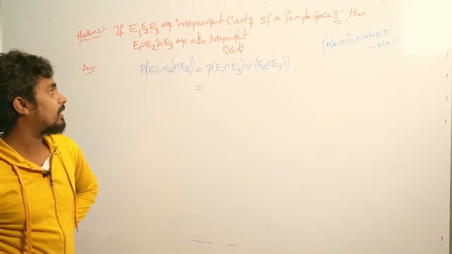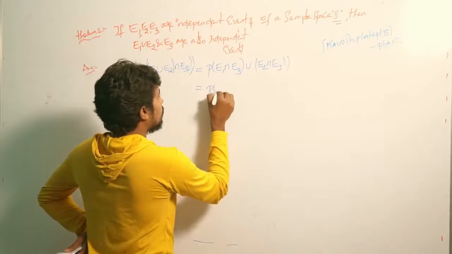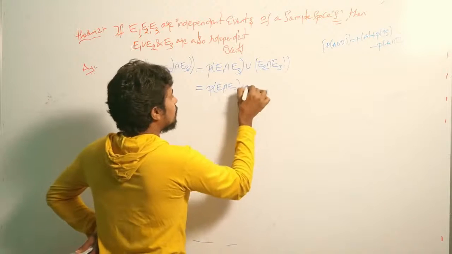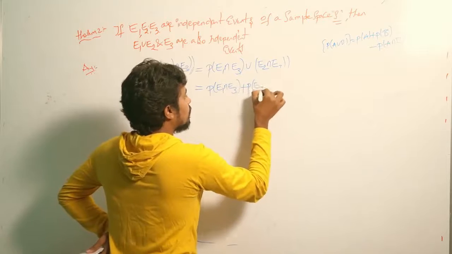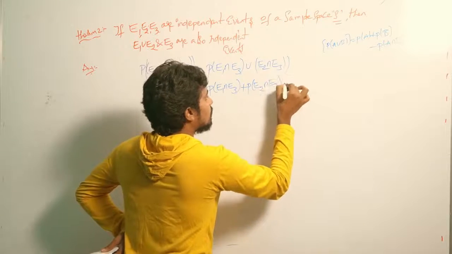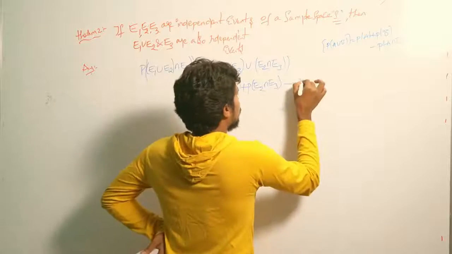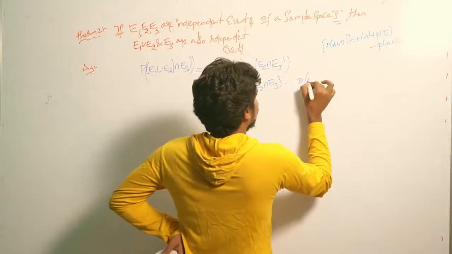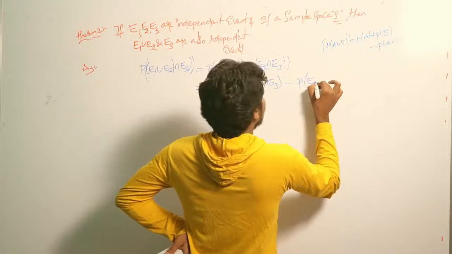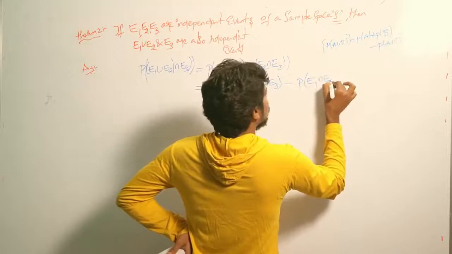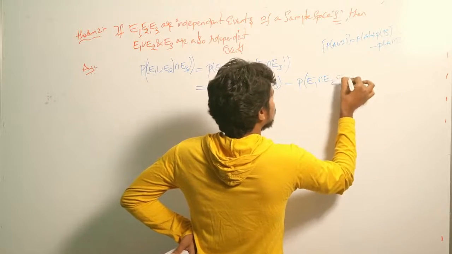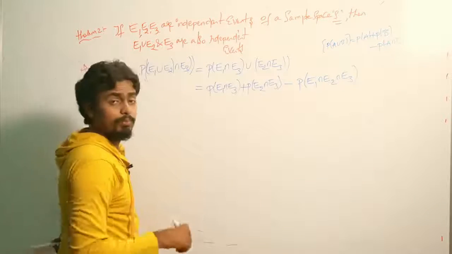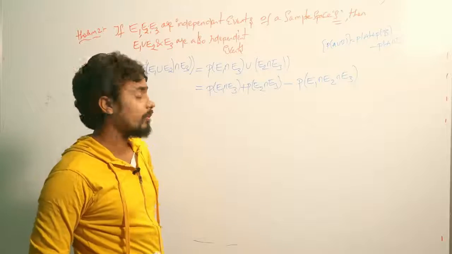That will be P of E1 intersection E3 plus P of E2 intersection E3 minus P of E1 intersection E3 or E2 intersection E3. And you already know P of A intersection B will be P of A into P of B.